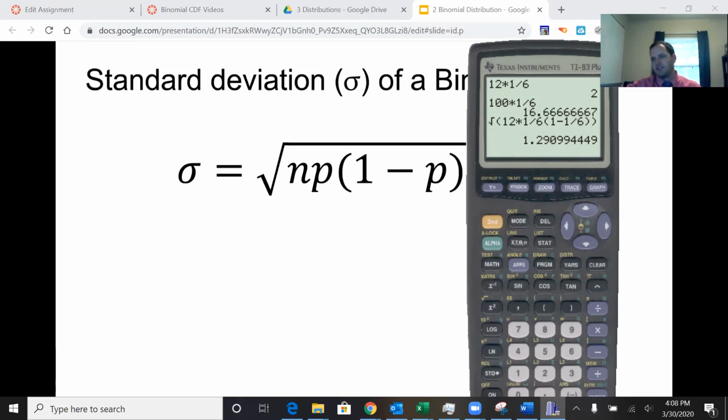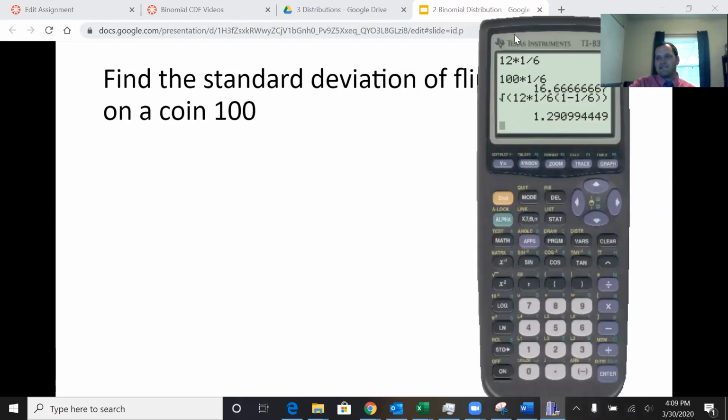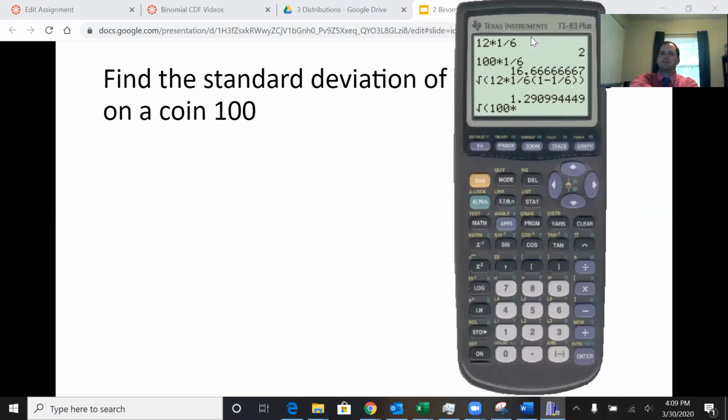All right, let's look at another example. Let's try with 100. You're flipping a coin. Well, let's try this one. I'm going to do the square root of n, which was 100, times p. What is my p if I'm flipping a coin? What is p?